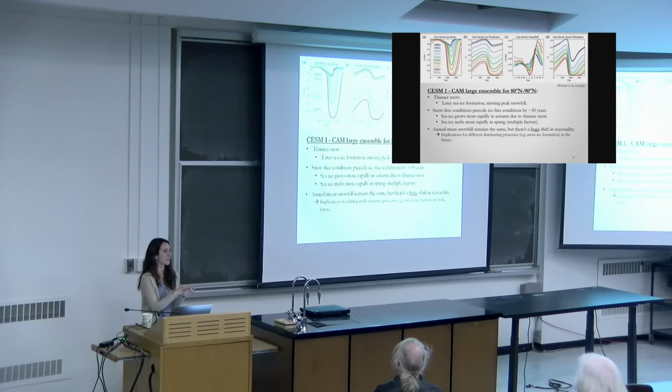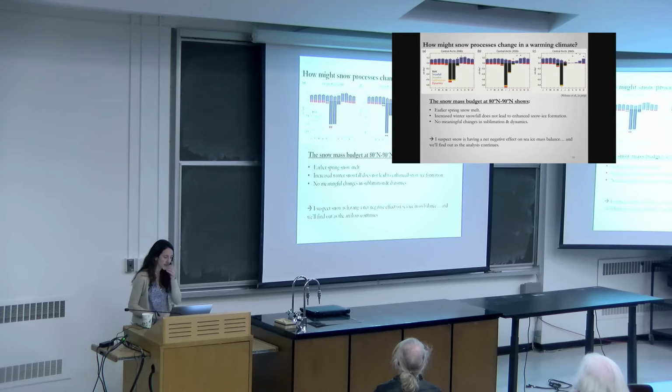And we wanted to know, is this going to be a process that becomes more and more common as ice thins? So we looked at the snow mass budget in the Arctic over time, from the 2000s to the 2030s to the 2060s. And what we found was, no, snow ice formation isn't more common over time, even though the ice is thinning and even though this snowfall cycle has been pushed back.